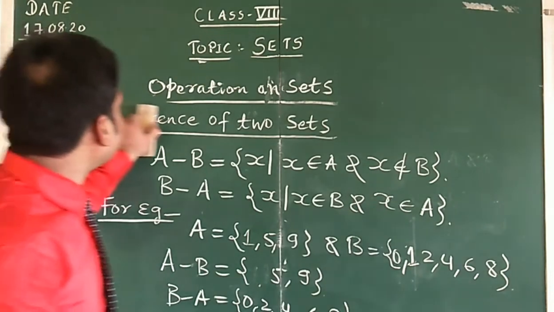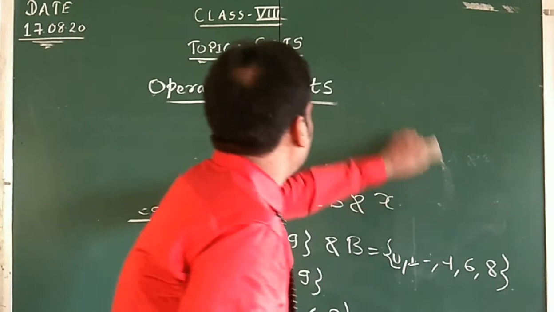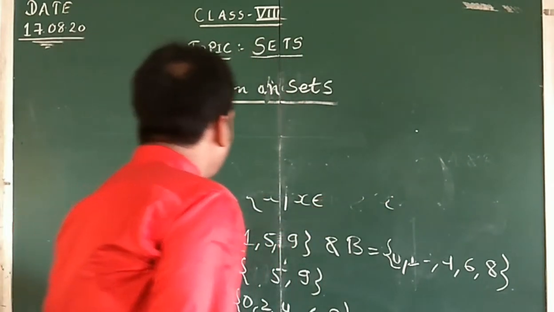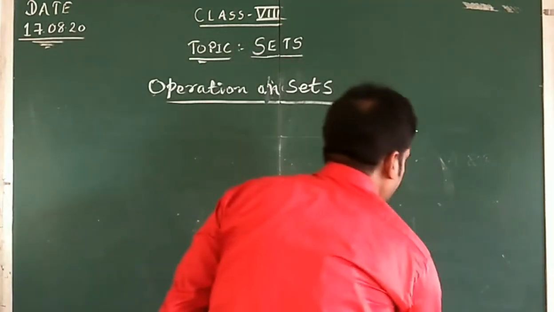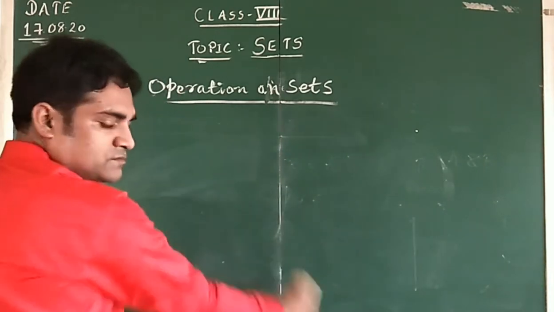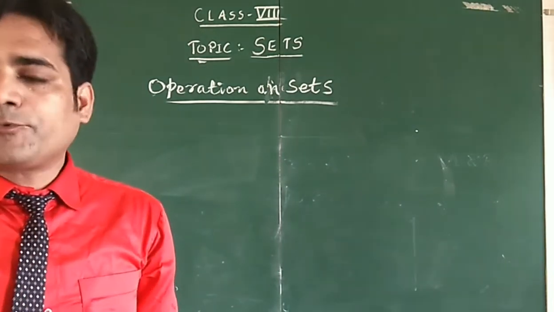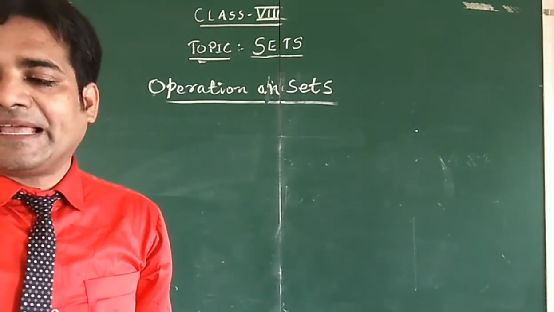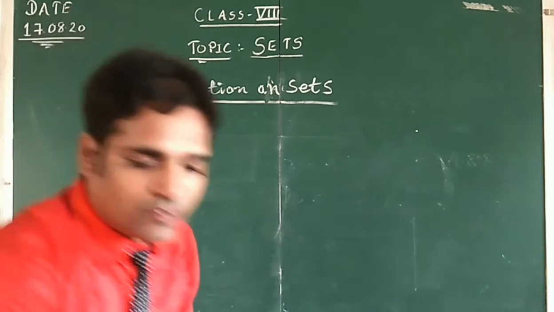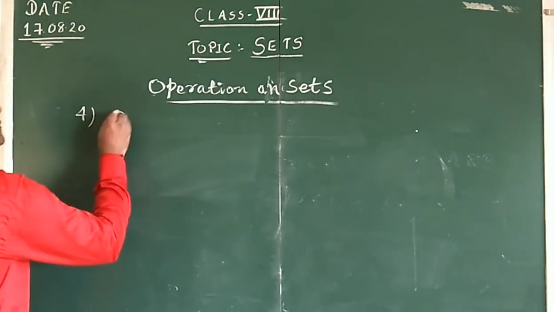Now, the next topic under operations on sets is the complement of a set. What is the complement of a set actually? Children, we denote the complement of set A by A dash or A bar.